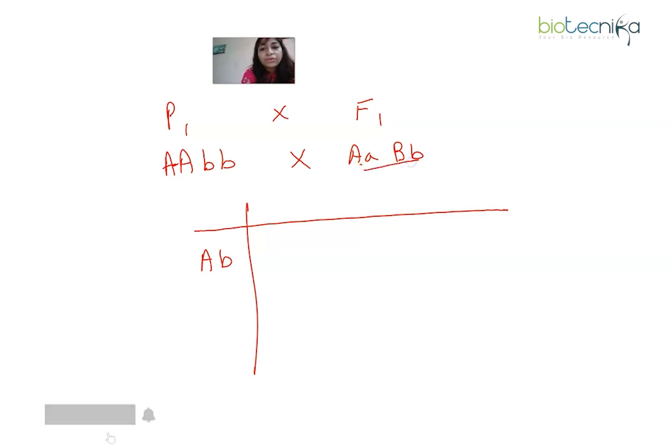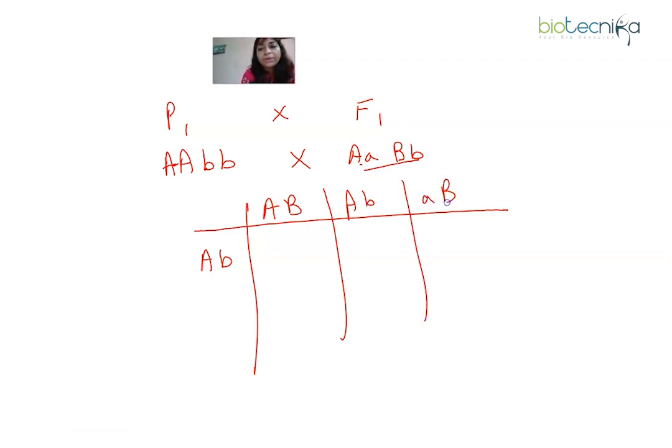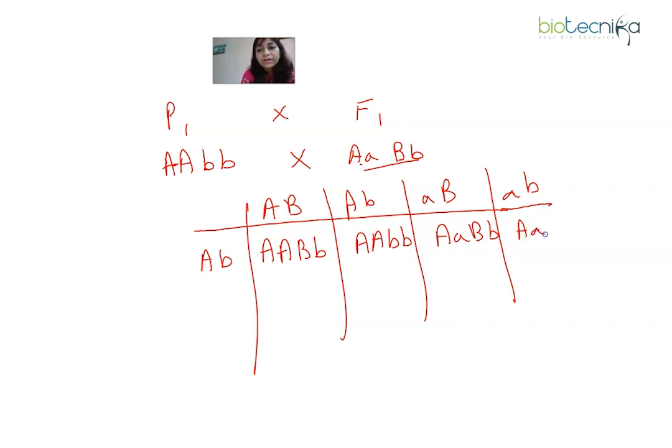This individual will form 4 different gametes: capital A capital B, capital A small b, small a capital B, and small a small b. So what progenies are possible here? One, second, third, and the fourth variety.